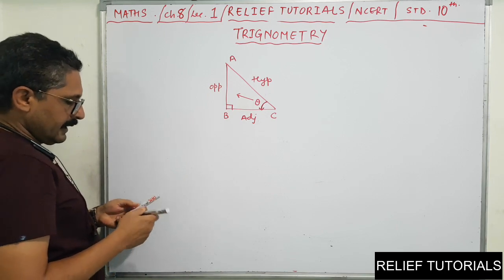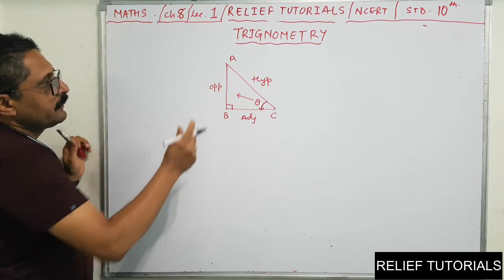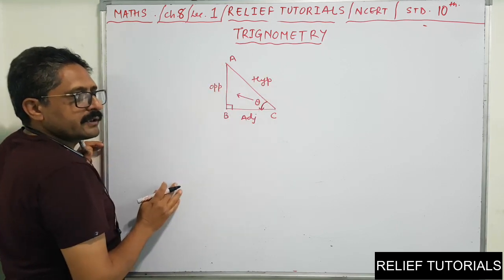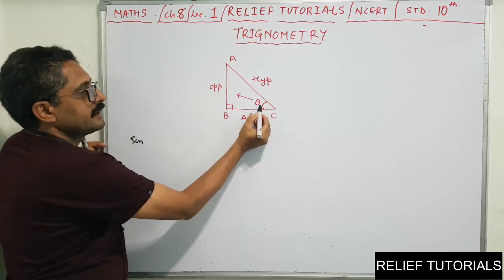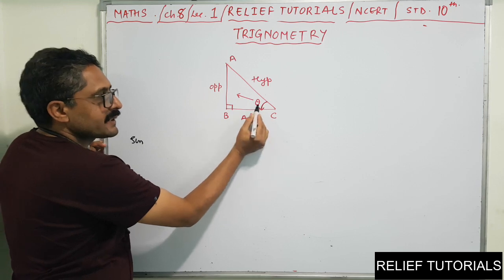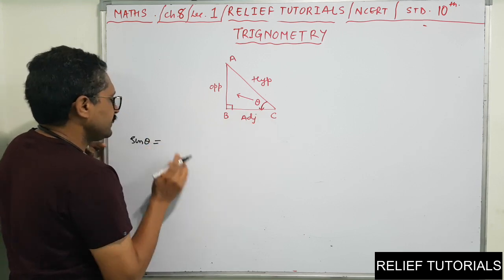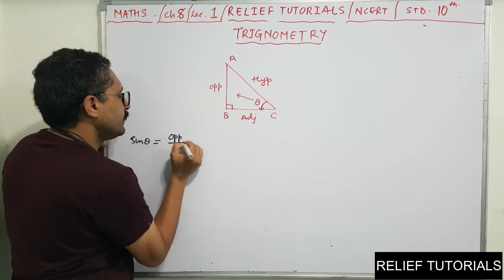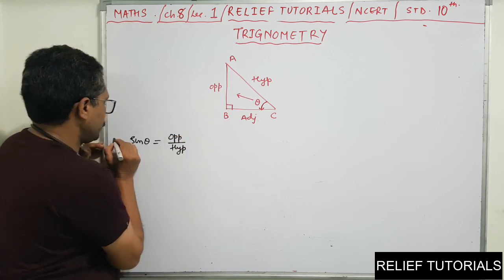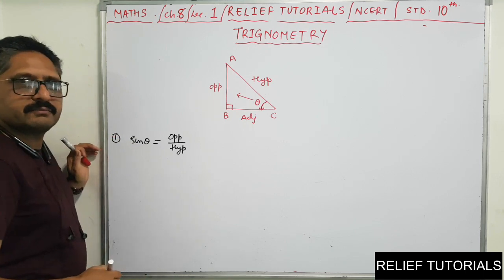Now, I will take one ratio, opposite upon hypotenuse. That is called sine theta. I am not writing C, in place of C, I am writing theta. Sine theta is opposite upon hypotenuse. This is one trigonometric ratio.